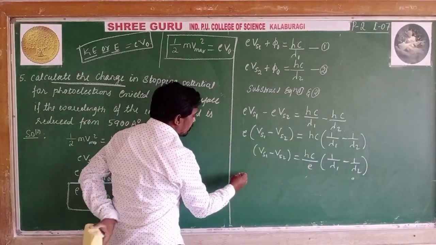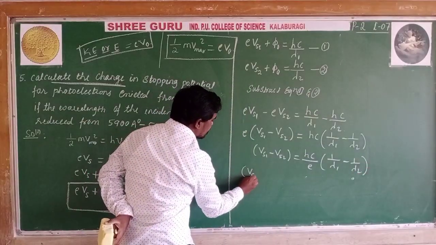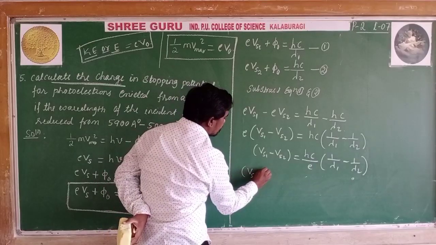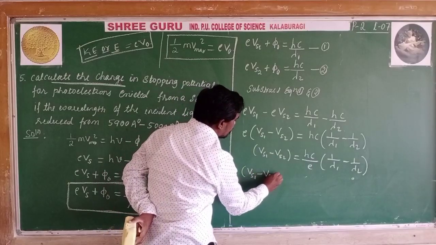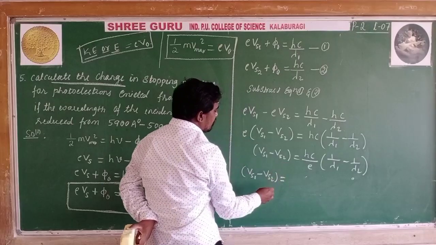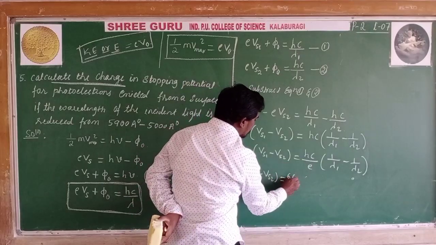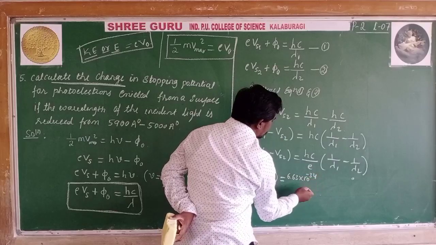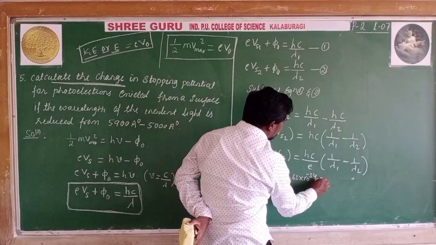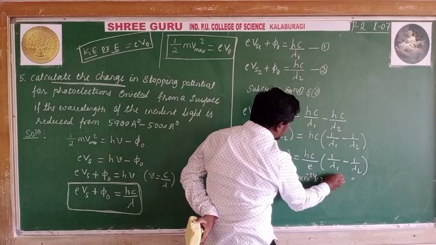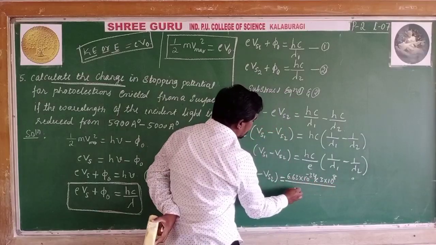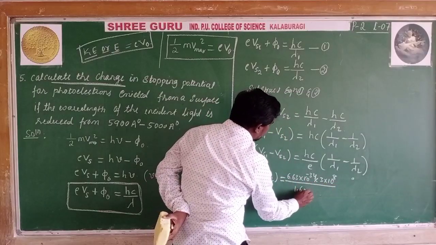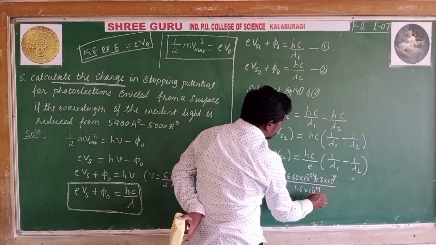Now the difference in stopping potential Vs1 minus Vs2 is equal to: the value of h is 6.63 times 10 raised to minus 34 joule second, c is 3 times 10 to the power 8 meter per second, and the denominator e value is 1.6 times 10 raised to minus 19.